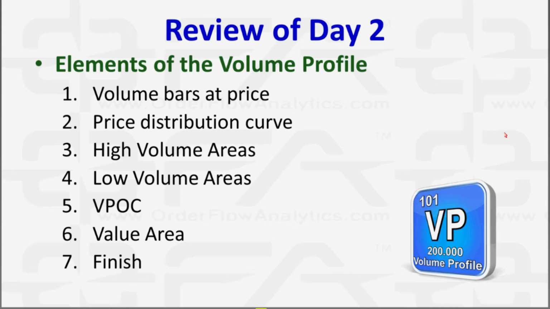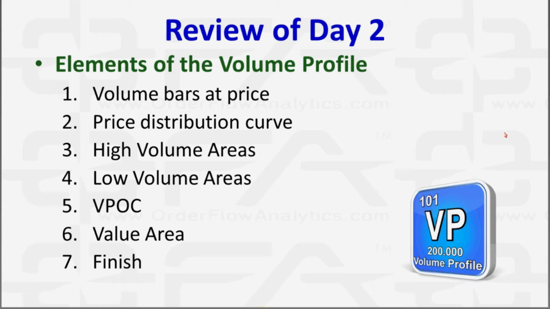And when you come to understand these elements, you will automatically start looking for these things. For example, when I look at a volume profile, the first things that jump out at me, and that I immediately either mark on the screen or make a mental note of, are VPOC, low volume areas, high volume areas, and then that price distribution curve, or really the structure of the volume profile.